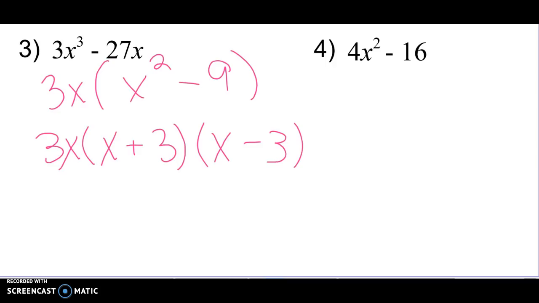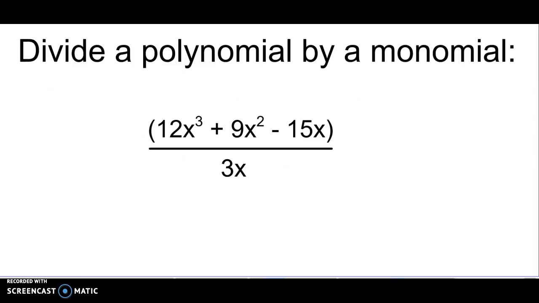And the last one, try number 4. So, good GCF, but kind of in a basic simplifying thing, we could divide each term by 3x. So that would be the 12x cubed divided by 3x.